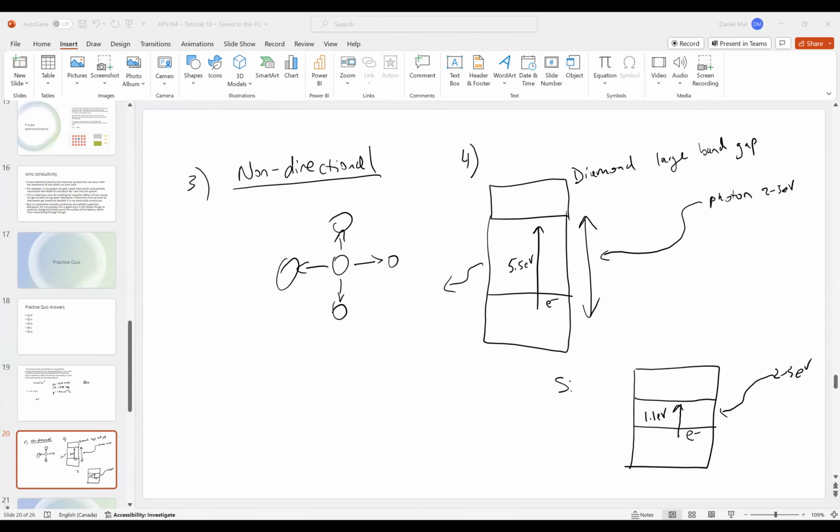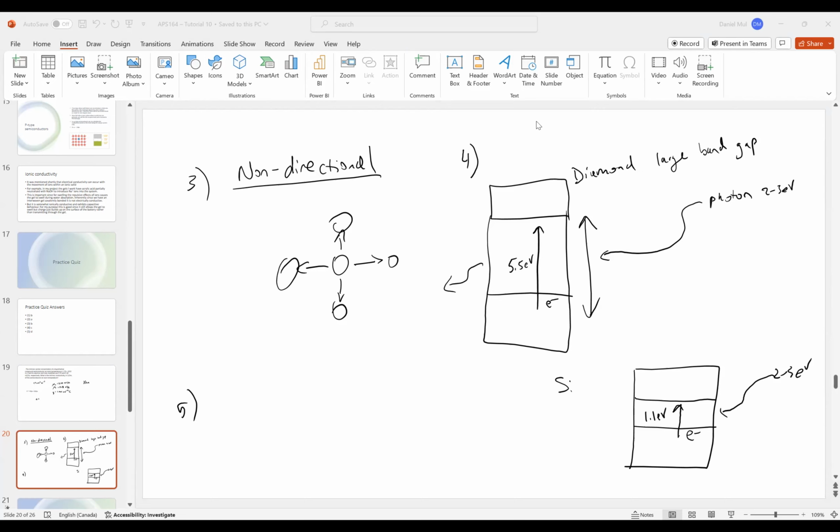For that one we have to look at the periodic table. We have gallium and germanium, they're right beside each other. But it says germanium doped with gallium is N-type.